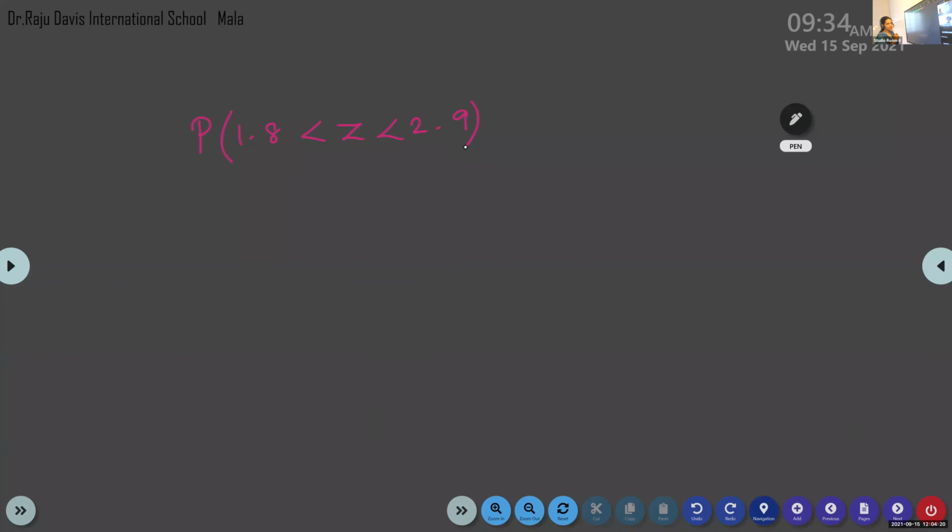This is of the form integral a to b, isn't it? Then what have you learned? P of z less than 2.9 minus P of z less than 1.8, isn't it? That is the same as f of 2.9 minus f of 1.8.